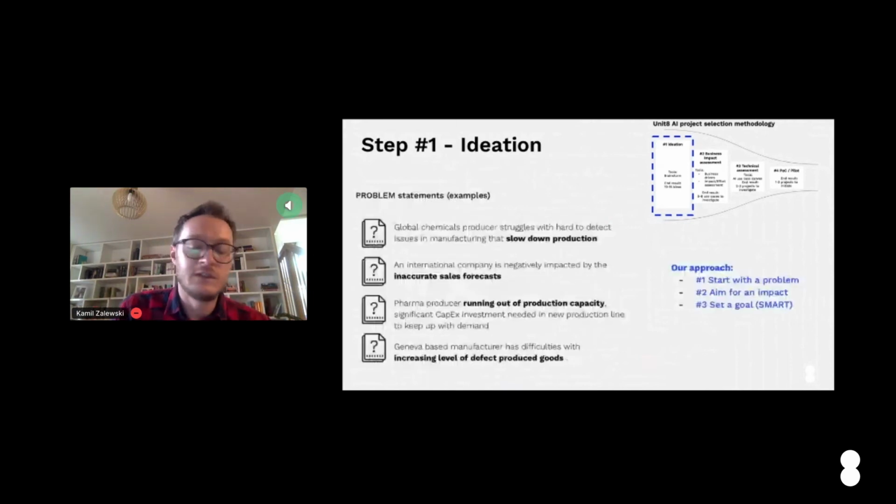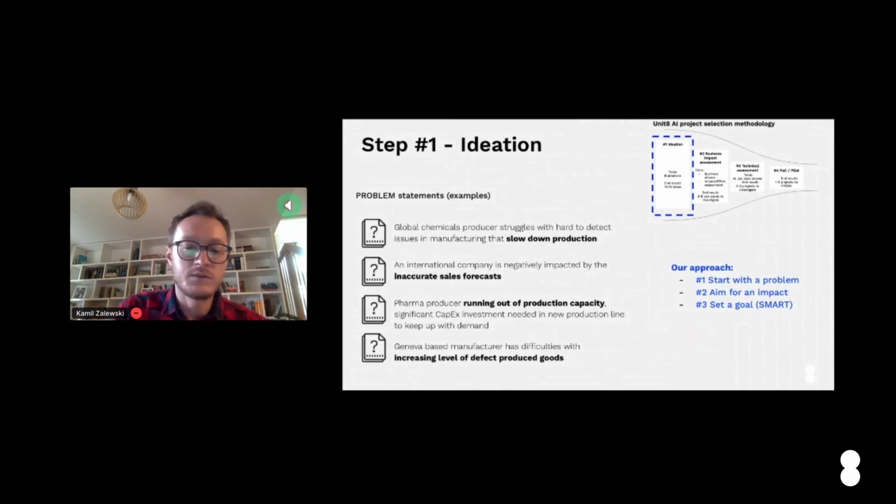And here are some problem statements, and I've actually picked several of them from different industries. The recent example that we had the opportunity to work on comes from the pharma space, where we've been talking to one of the major pharma producers, and they've told us, we do have a problem.